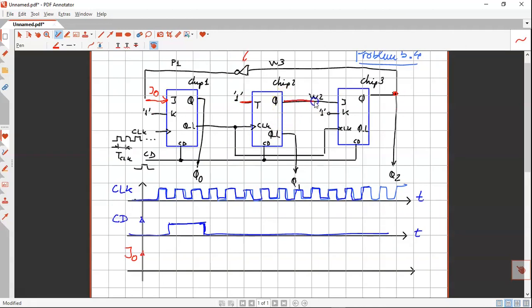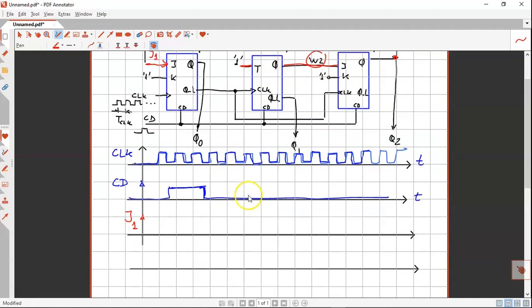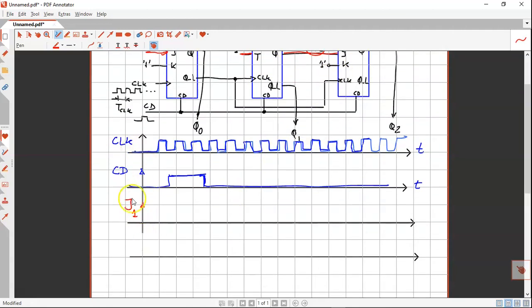But the other one, the J3, you see, well, if this is the J0, this has to be the J1 to make it easy, right? So the other J that is going to be sampled all the time is going to be the wire W, because it's connected to the Q of chip 2. So this one is going to be sampled. So you have to make room here to represent the signal as well, okay?